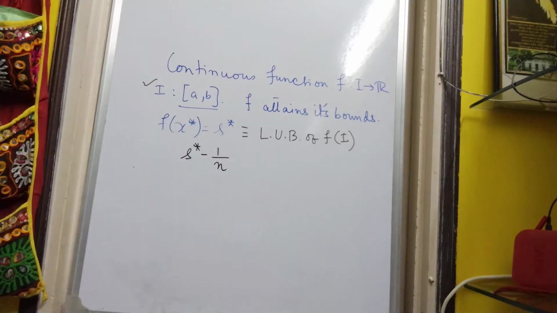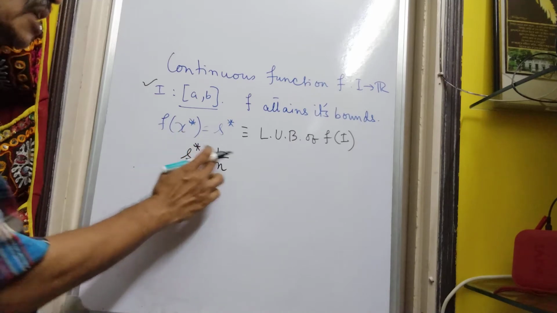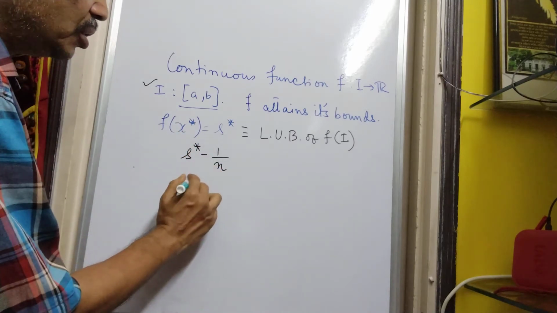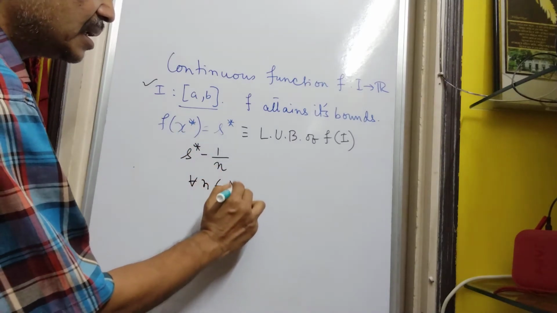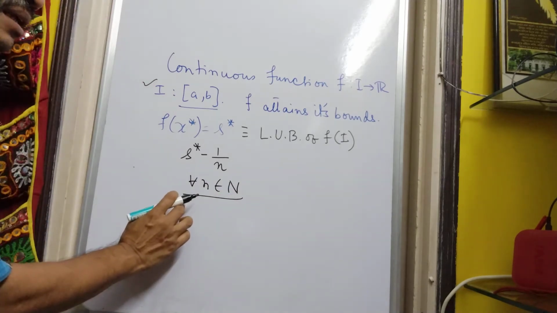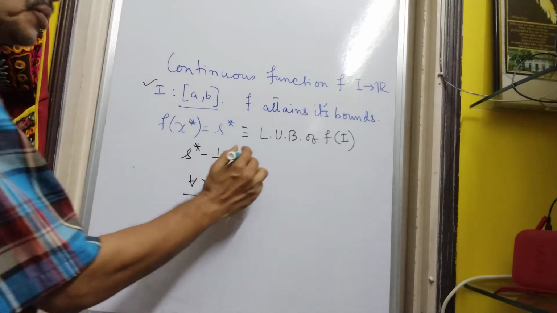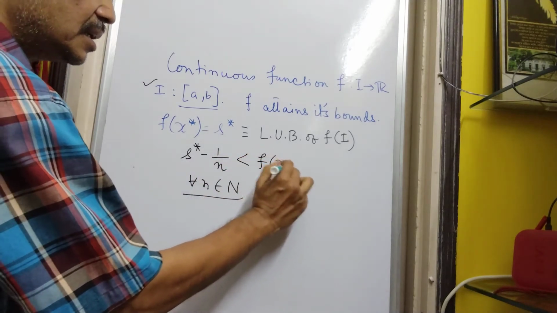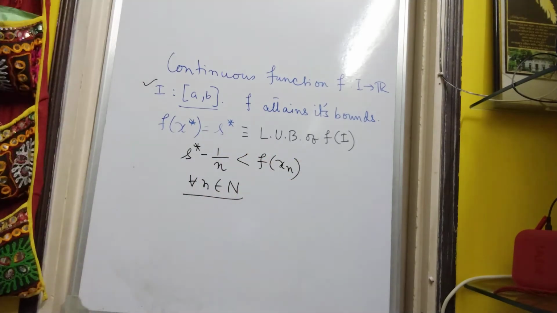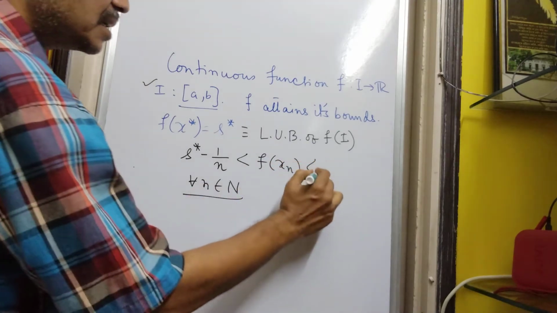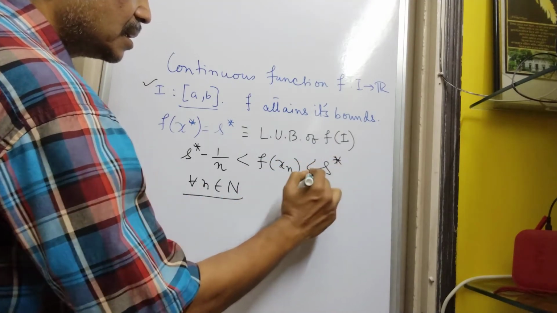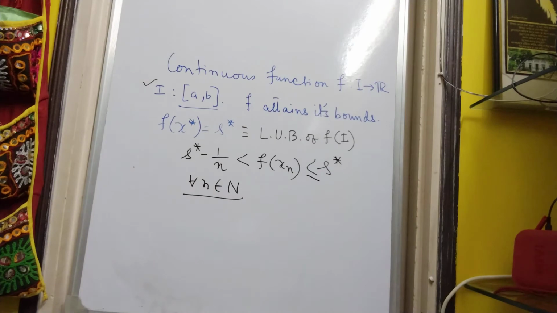Since S star is the least upper bound, S star minus 1 by n, for all natural numbers n, is a positive quantity less than S star. So we have this, and we put an equal to sign here. This is fairly reasonable and conceivable, isn't it so?